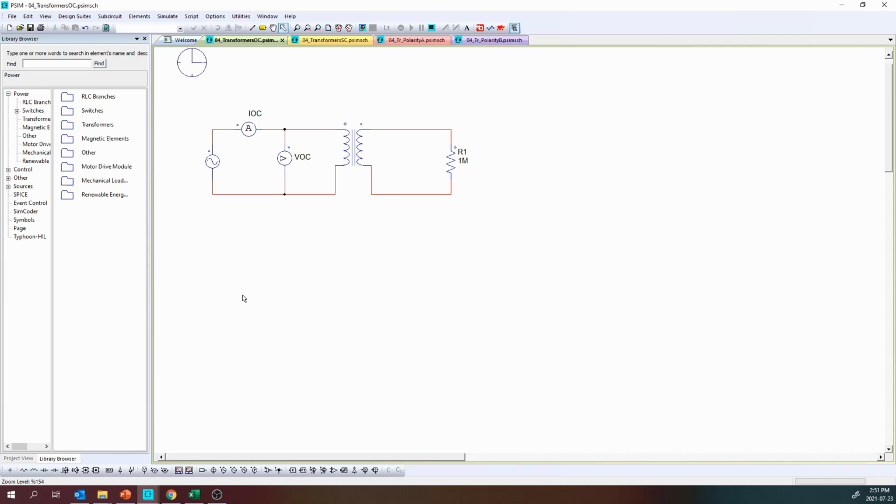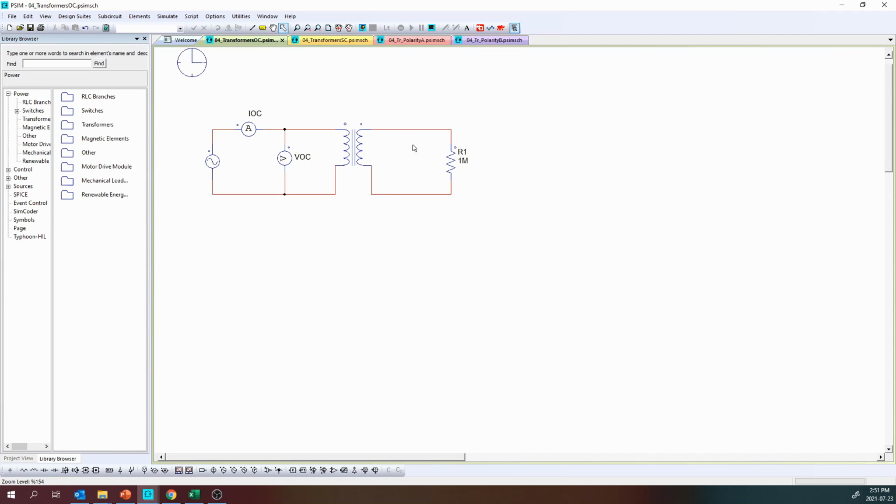The first circuit you're going to be using is an open circuit, so you're going to run the open circuit test. What you need to understand about the open circuit test with PSIM, compared to what you would do in the lab, is that we need this bias resistor here.